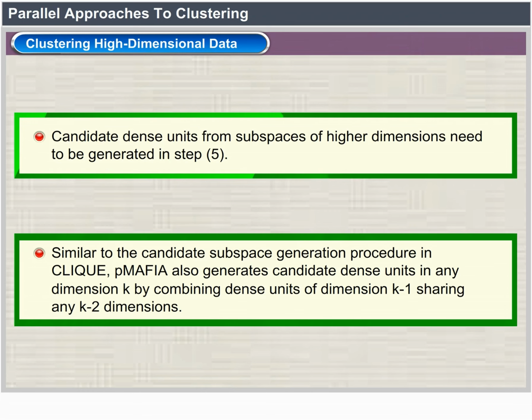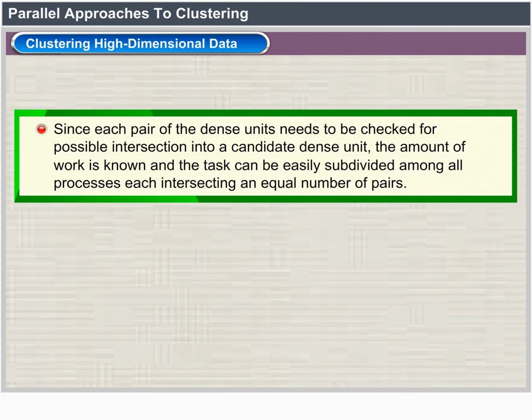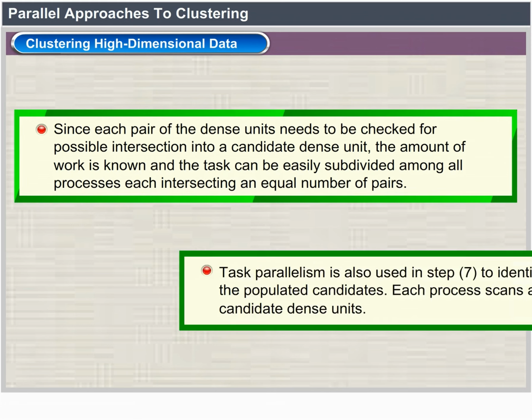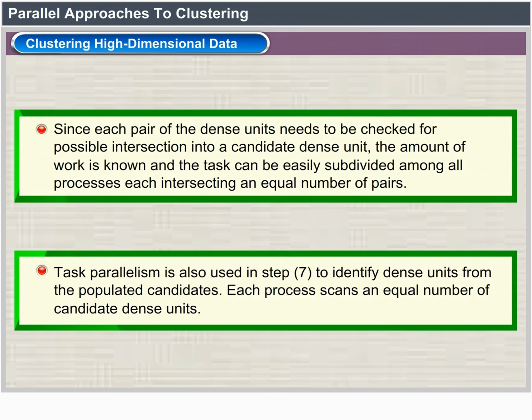Since each pair of the dense units needs to be checked for possible intersection into a candidate dense unit, the amount of work is known and the task can be easily subdivided among all processes such that each one intersects an equal number of pairs. Task parallelism is also used in step 7 to identify dense units from the populated candidates such that each process scans an equal number of candidate dense units.